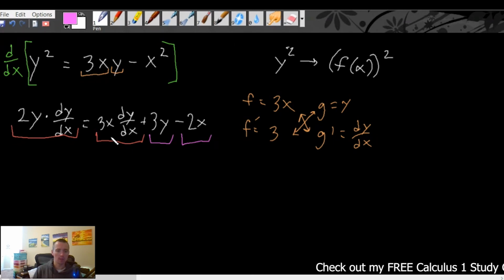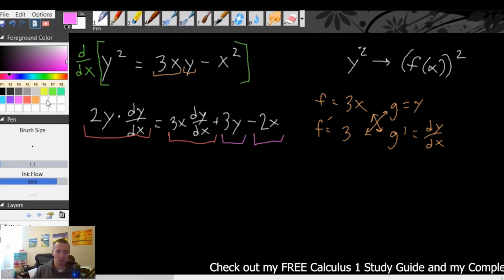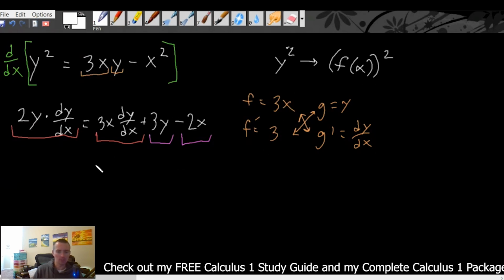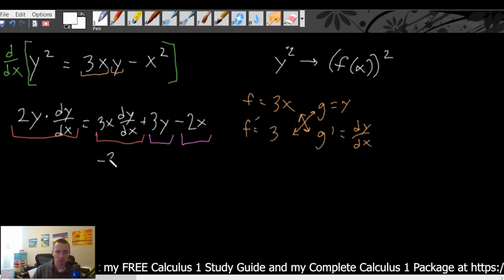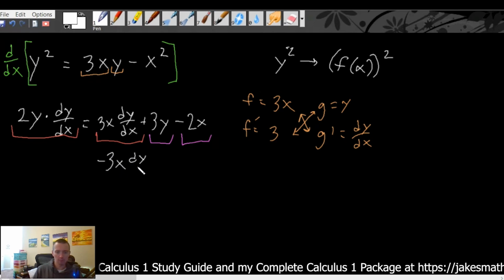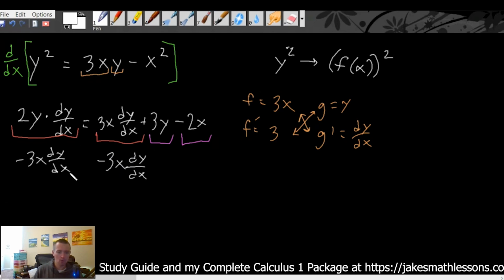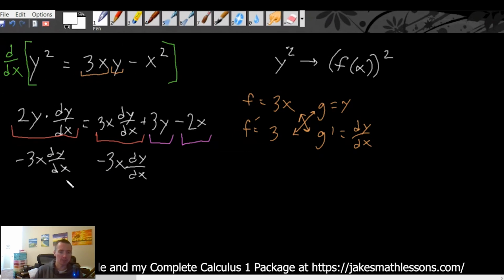So basically we want to get these dy dx terms over on one side. We'll leave the non-dy dx terms over on the right side of our equation. So basically we'll just have to subtract this over to the other side, or in other words, just subtract it from both sides of the equation.